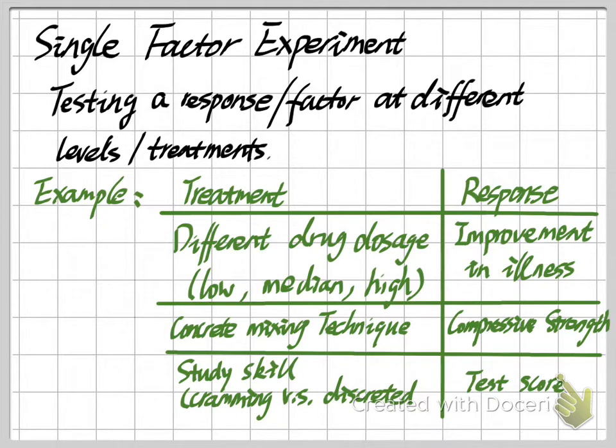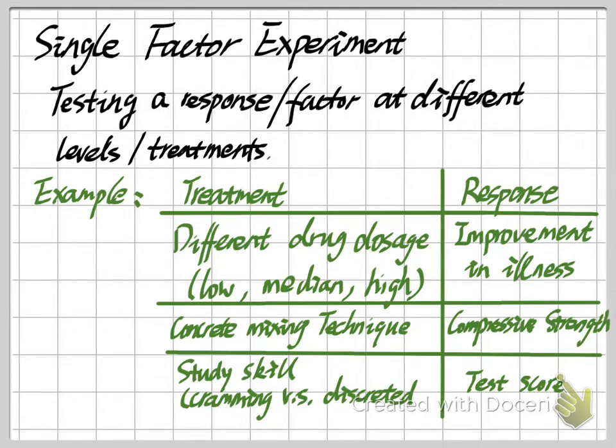But remember, this one is about a single factor, so you need to differentiate this into one single factor with several different levels. Here we just talk about this as discrete, and the most obvious response for the student is the test score, right? So these are some examples for the single factor.